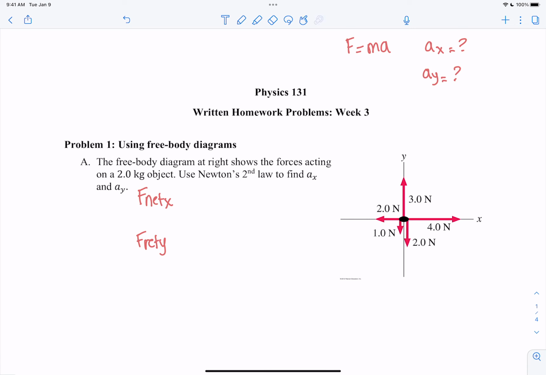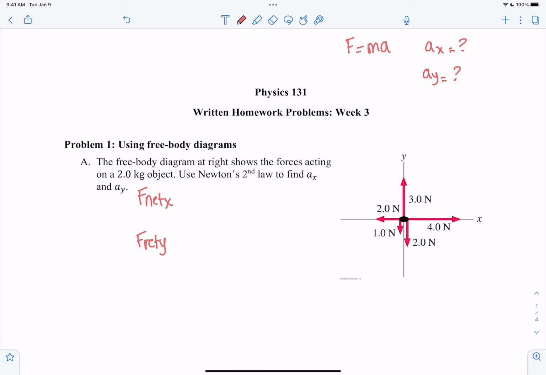Can you guys see the F net x and F net y that I've written down? Okay, let me try and refresh and see. Hopefully you guys can see it now. This is ridiculous for Zoom. Okay, can you see the writing now? Okay, excellent.